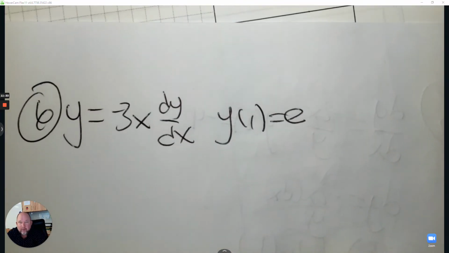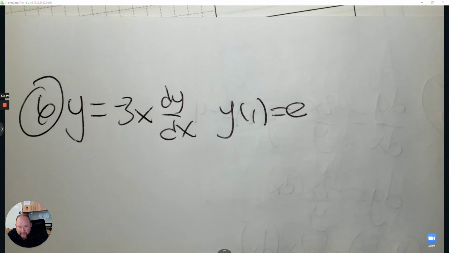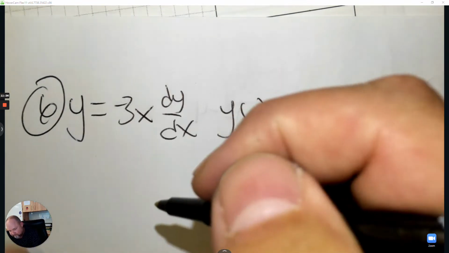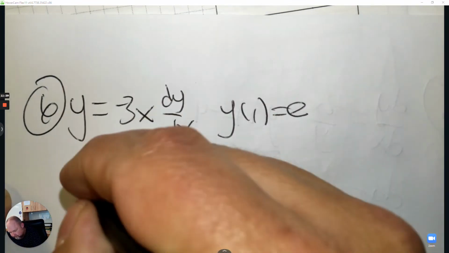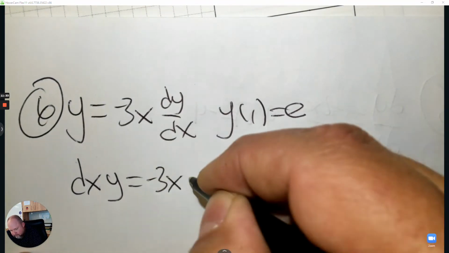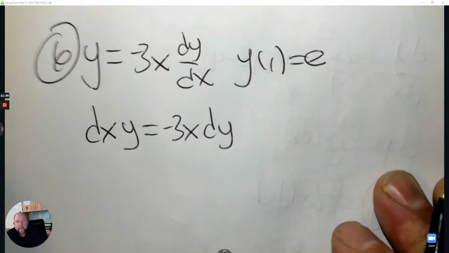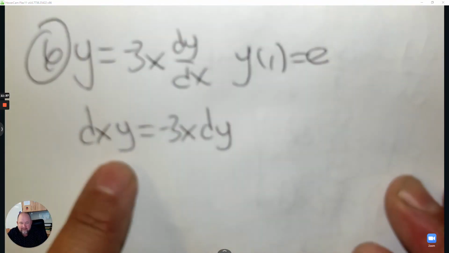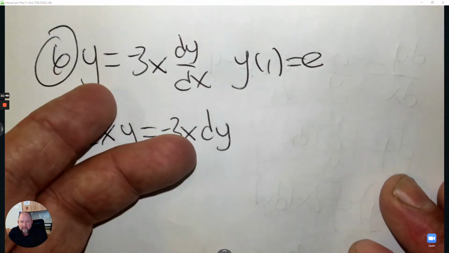All right, number 6. Let's see. Can you press pause and try to separate the variables? So I'm going to multiply by dx. I'm going to change this.